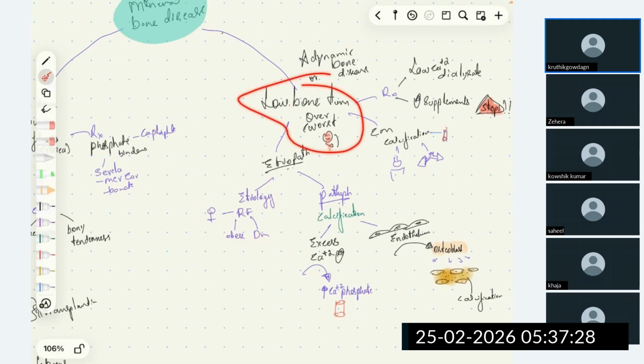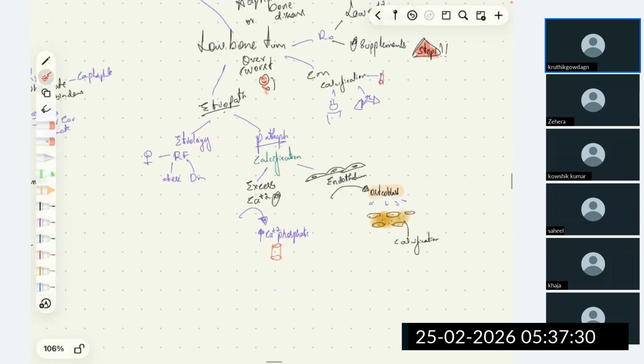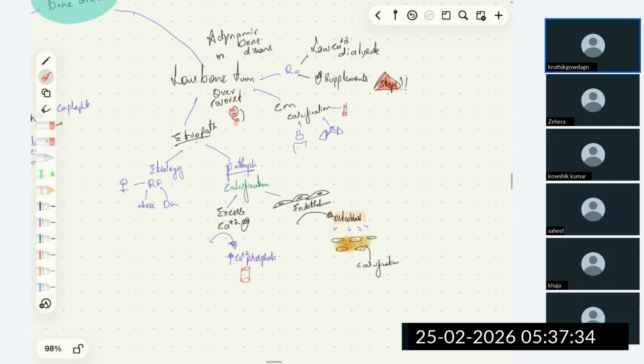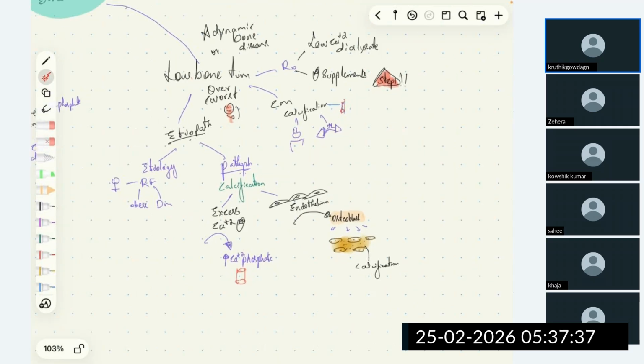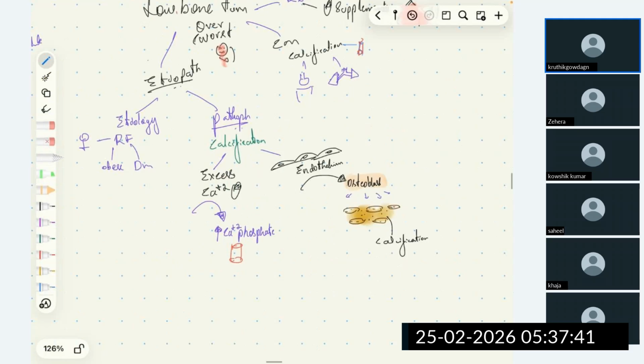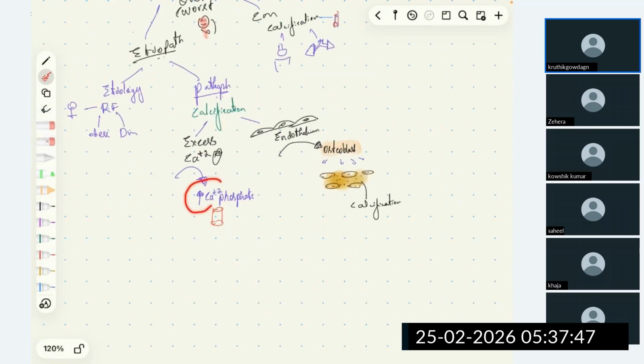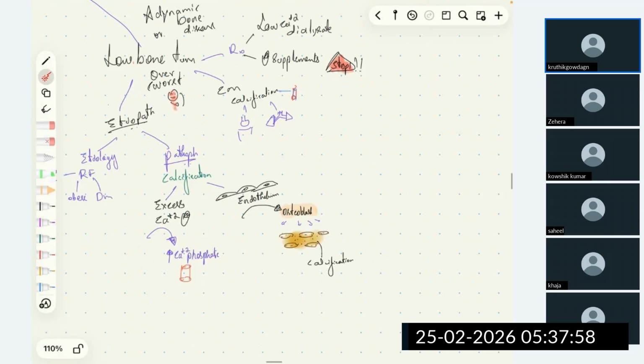Now, what is the pathophysiological process occurring in the body? The pathophysiological process is mainly calcification because of increased intake of calcium supplements, which leads on to increased calcium phosphate. The increased calcium phosphate will cause calcification of the vessels, and also increased calcium and phosphate levels.